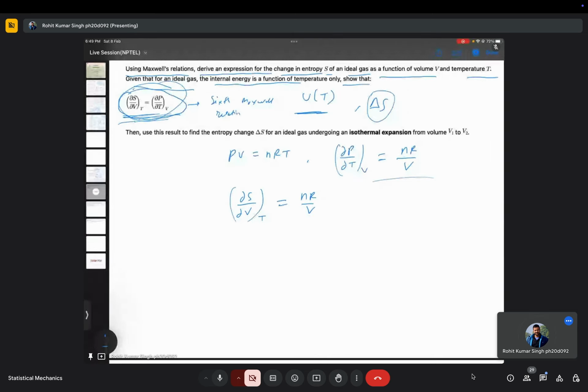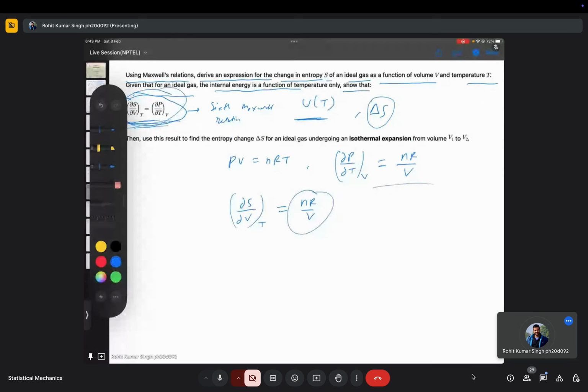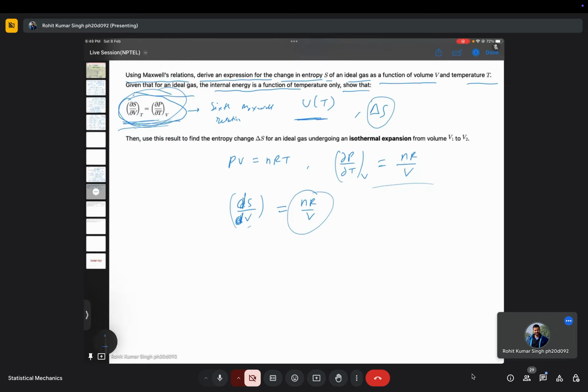And since there is no temperature here, this no longer remains a partial derivative, because temperature is not there in the equation. So this is dS by dV simply. And so we have dS is equal to nR dV by V, right? So this is the finite change in entropy.